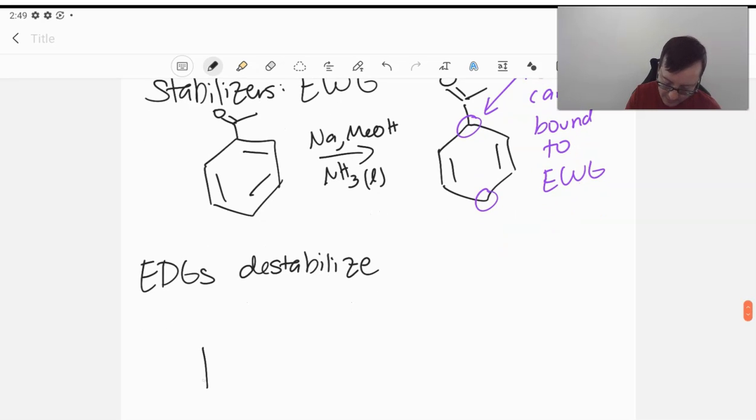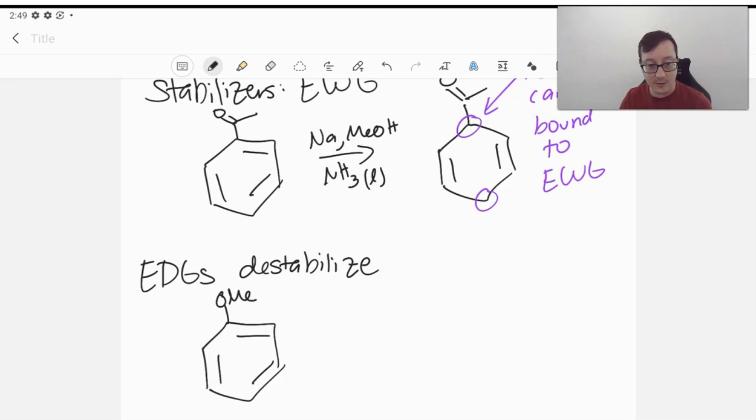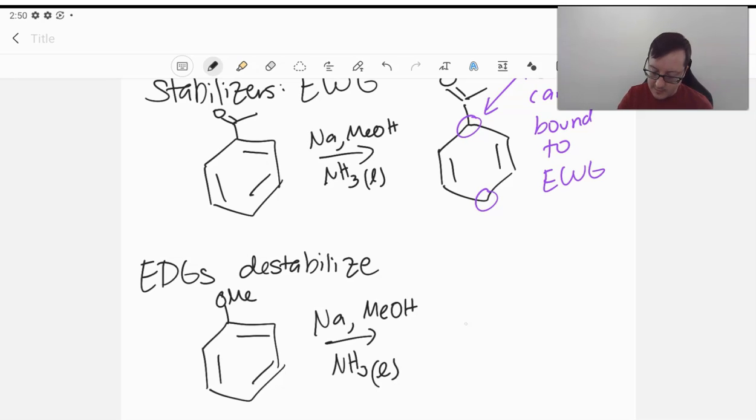And so if we have an electron donating group, say we have a methoxide there, if we employ our reaction conditions for the Birch reduction, we're going to see that we do not get reduction at that position.